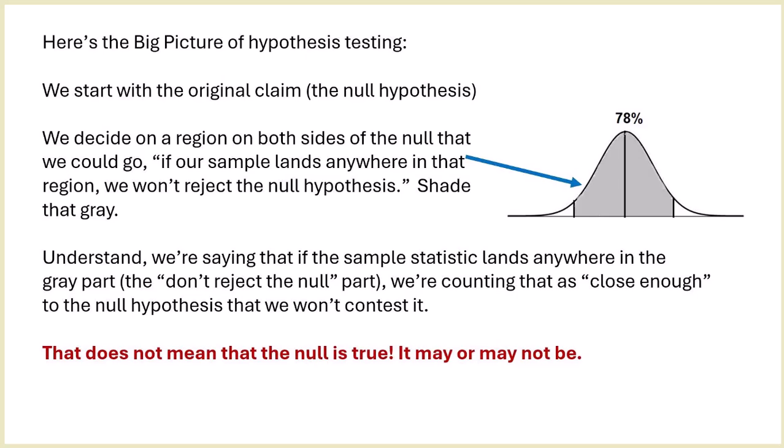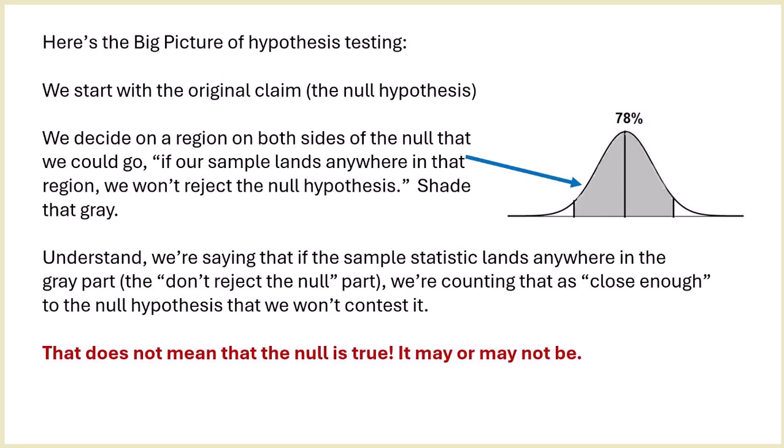Think about a criminal trial. That's a hypothesis test. What's the null hypothesis? What do we walk into that trial with? No, not in our system of justice. Let's say Peyton is on trial.